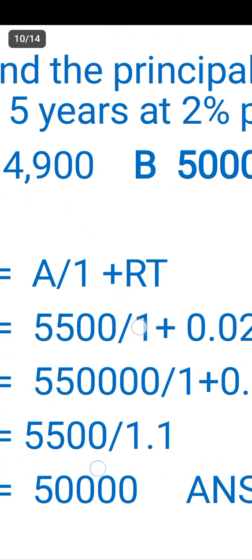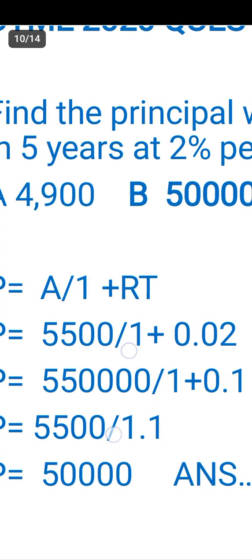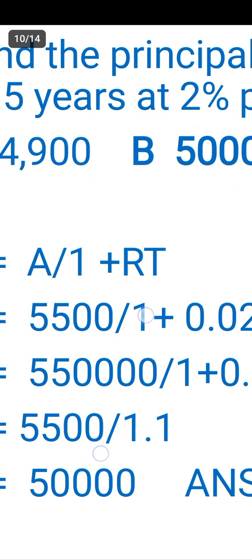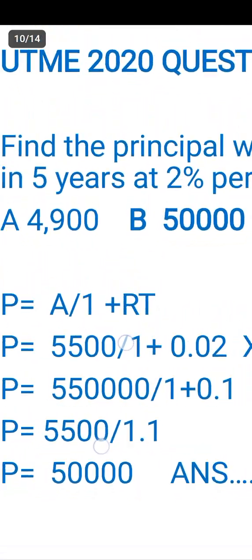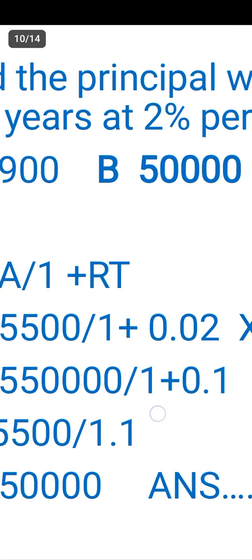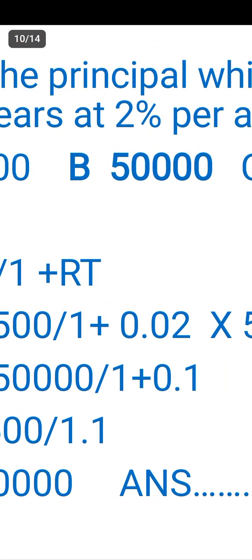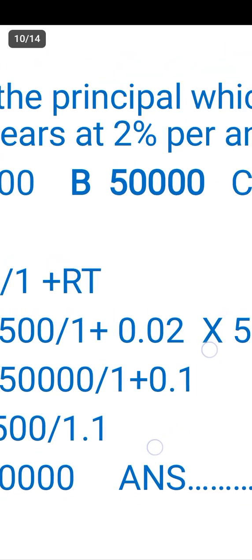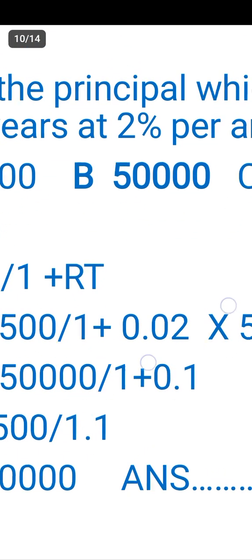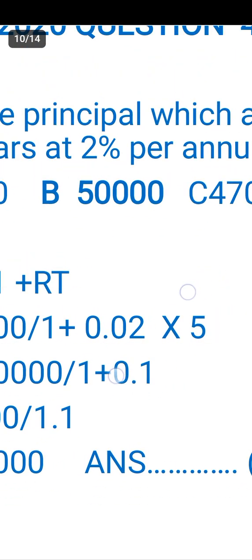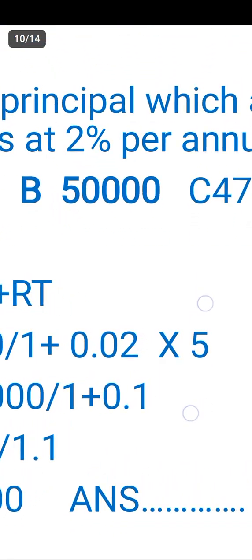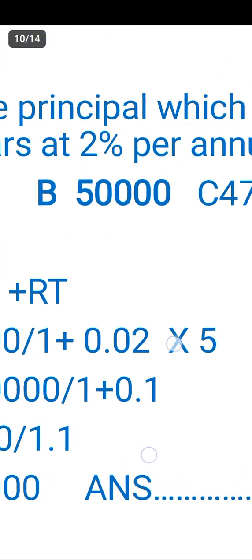It is 5,500. So as you are copying, correct it as 5,500. P is equal to 5,500 over 1 plus 0.1. The 0.1 here is the result of the multiplication of 0.02 and 5. 0.02 and 5 gives you 0.1.